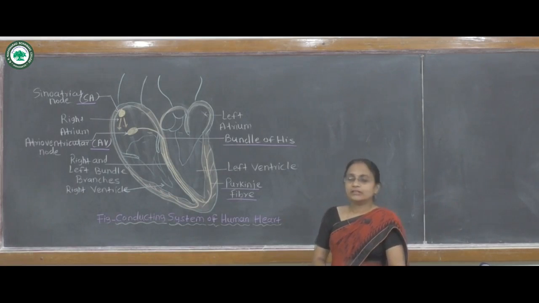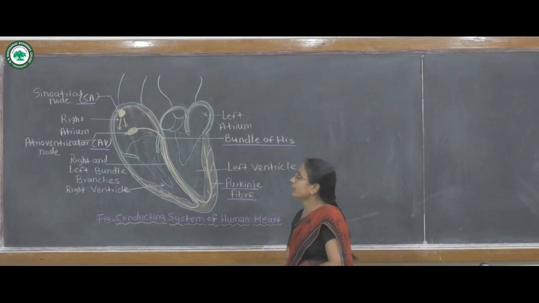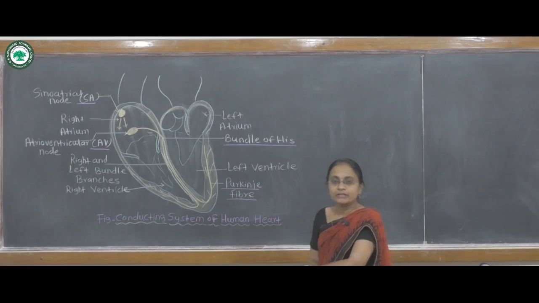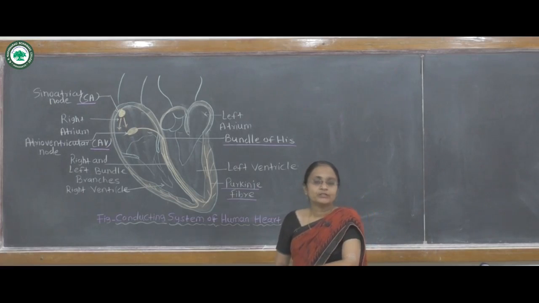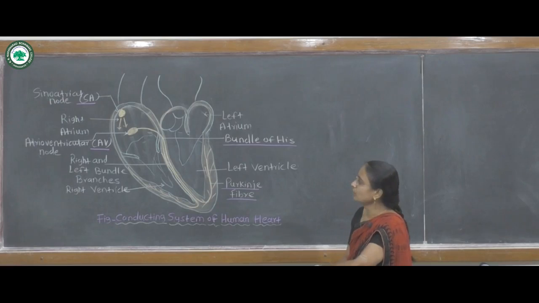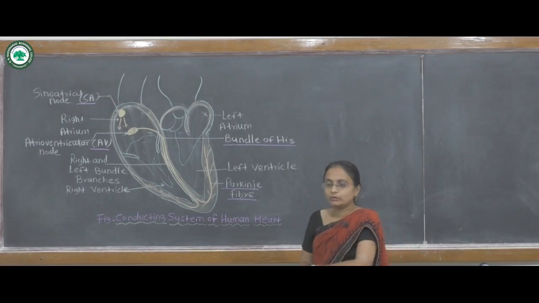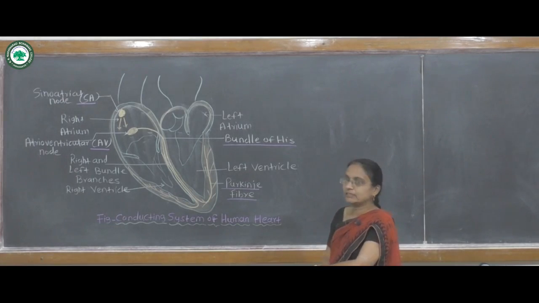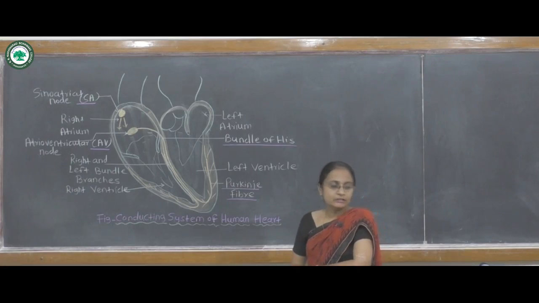The impulses travel from the SA node to the AV node, that is the atrioventricular node. This AV node is also located in the wall of the right atrium. Now from the AV node, these impulses are transferred to the bundle of His, which is located in the interventricular septum.